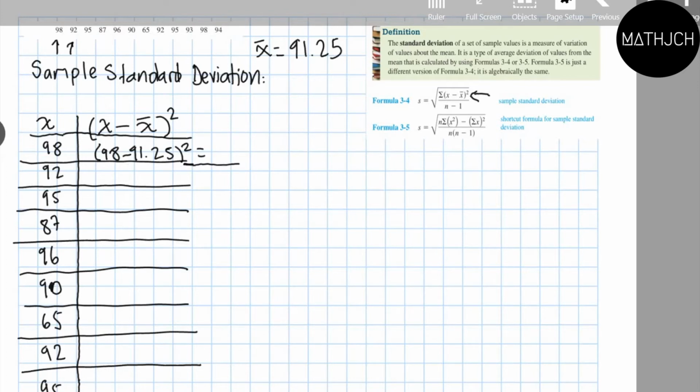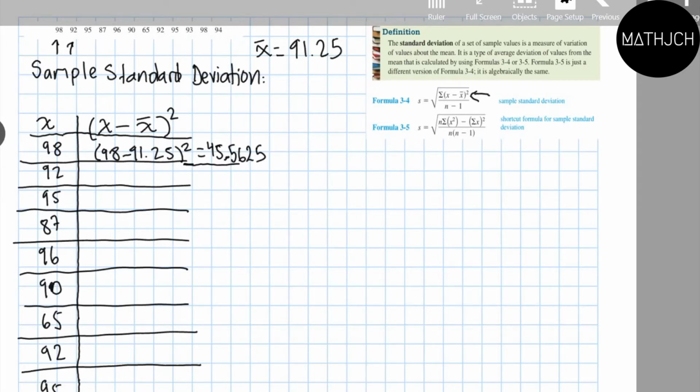I'm just going to show you the whole work for the first one, and then we'll do the rest, because the rest is the same thing, except instead of 98 we put 92 and then minus 91.25, and then power 2. When you use a calculator, you should get 45.5625. Do not round it off.